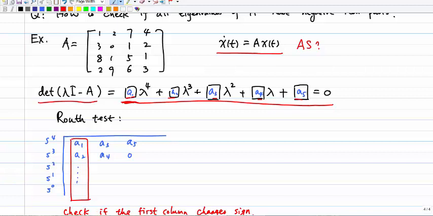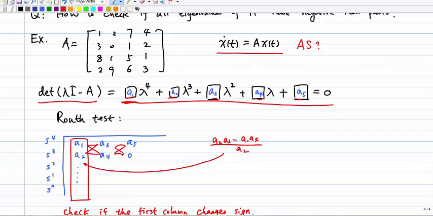You just fill in the numbers from the coefficients of the polynomial, and the remaining rows you calculate by cross-multiplication rules, which is a2 a3 minus a1 a4, divided by a2. You put the number you get right below that.